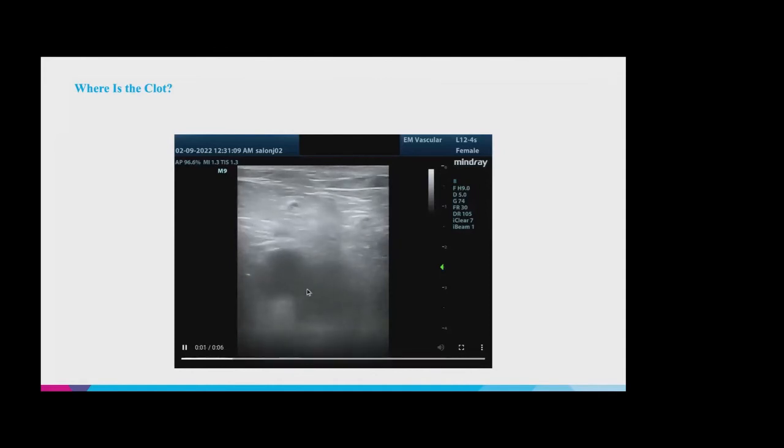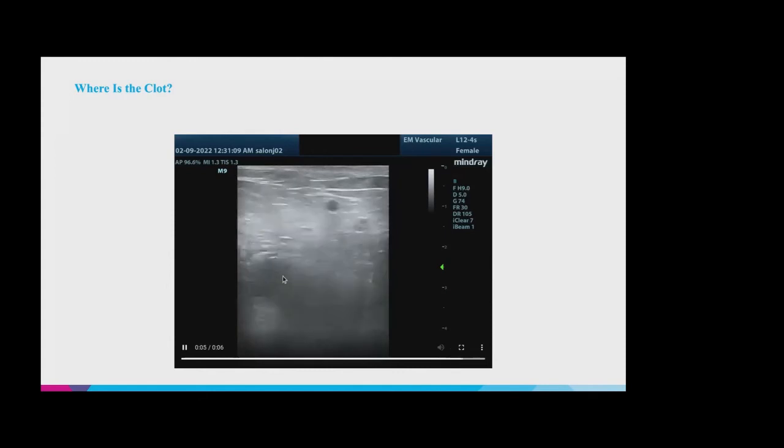So when you compress, you can really appreciate the hyperechoic structure because the depth decreases, right? So yeah, I agree. So this is the common femoral artery right here. You can see it's pulsatile. It's smaller and more circular in shape with a thicker, brighter wall. And then the vein is right medial and slightly below it. And then when you compress, it doesn't actually fully compress. You can see the artery is even compressing more than the vein is. And when it is compressed, you can appreciate there's a hyperechoic structure.